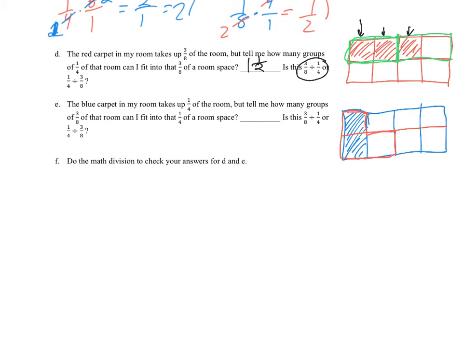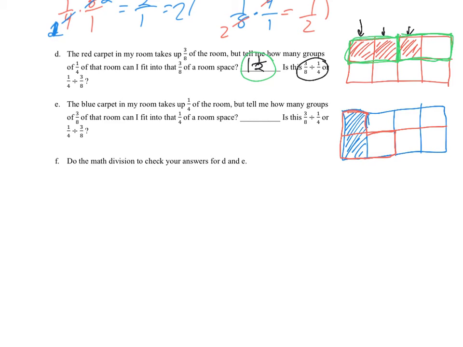And I didn't quite fit another whole second one in here. I was only able to fit a half of one in. So that means I was able to fit 1 1/2 of those 1/4 spaces into the 3/8 of a room. All right. And so what I did was take the 3/8 and divide it into groups of 1/4. So 3/8 divided by 1/4 is what I was doing.